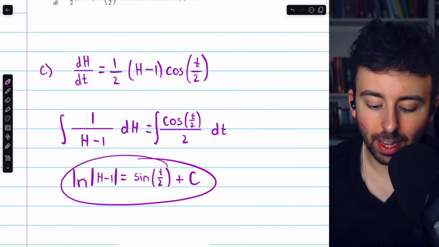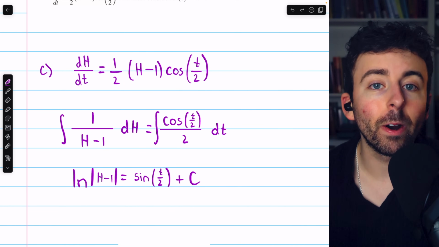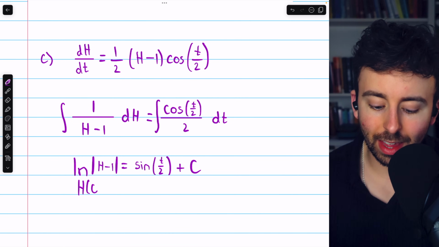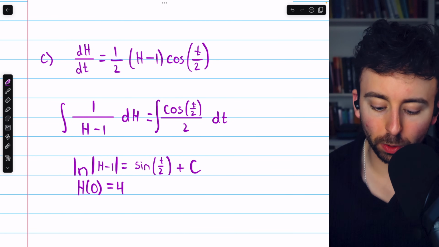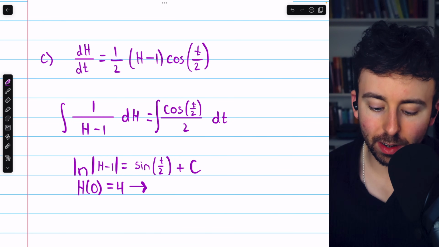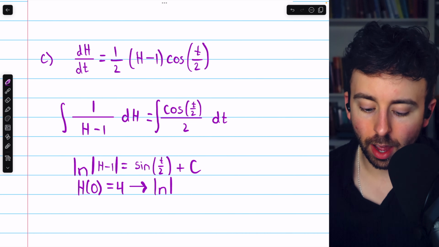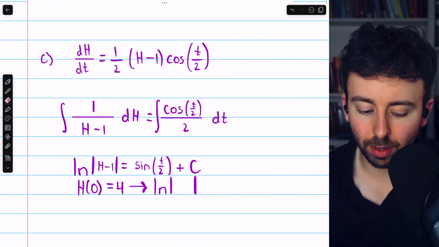So this is it. Now we can go ahead and use our initial condition to solve for c. That initial condition was that h of 0 is equal to 4. So plugging that information into this equation, we have the natural log of h, which is 4, minus 1, or simply the natural log of 3.